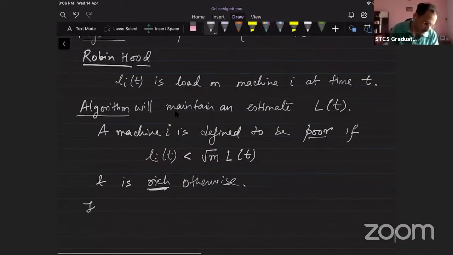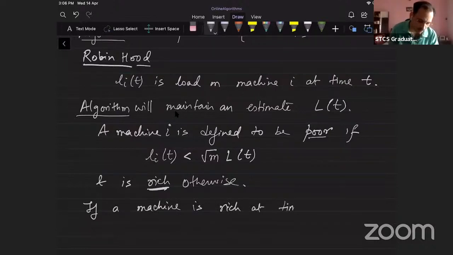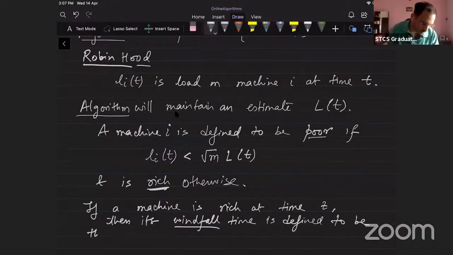So if a machine is rich at time t, see, everything changes with time, then its windfall time, the time at which it essentially became rich, is defined to be the epoch at which it became rich.